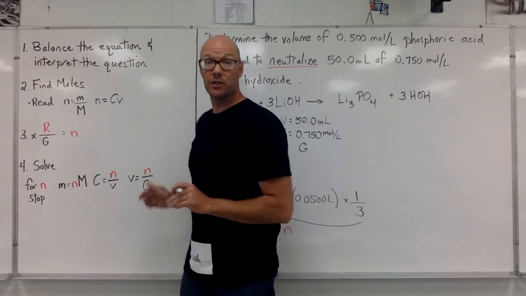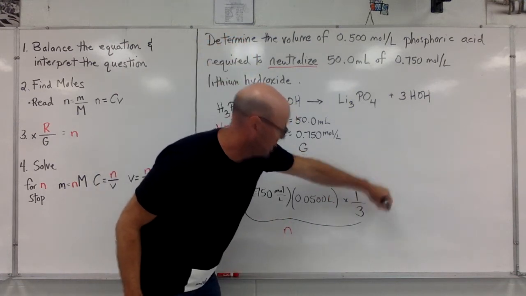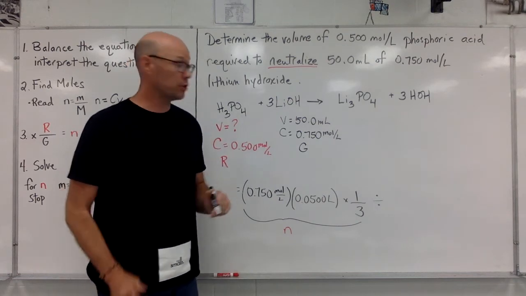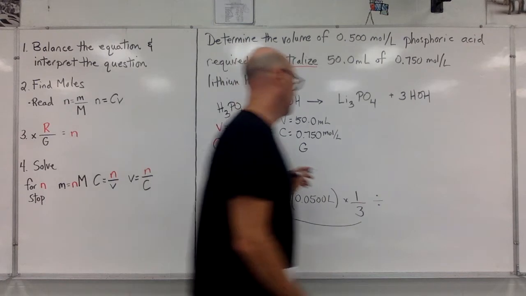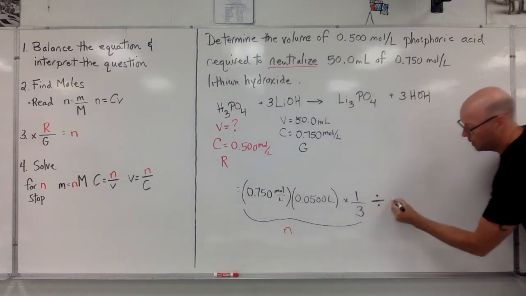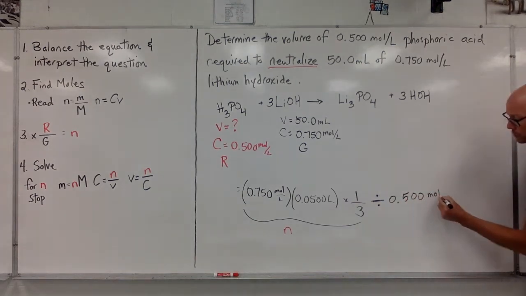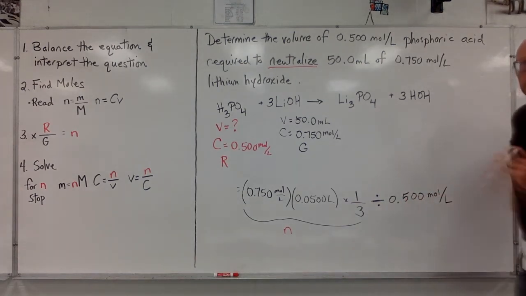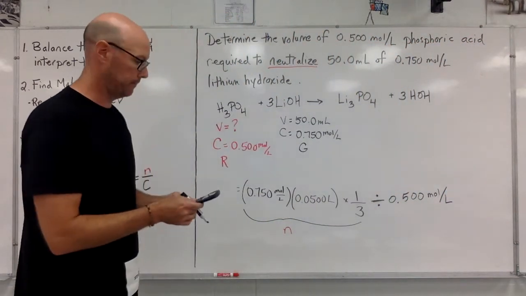Divide by concentration. We're going to divide by the concentration, 0.500 moles per liter. Now we're set up to get to our calculators and get to button pushing.